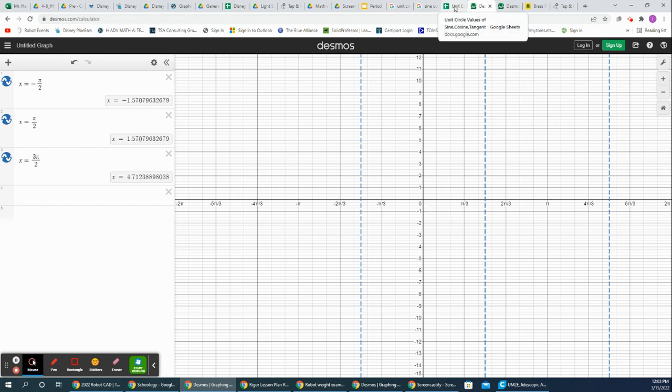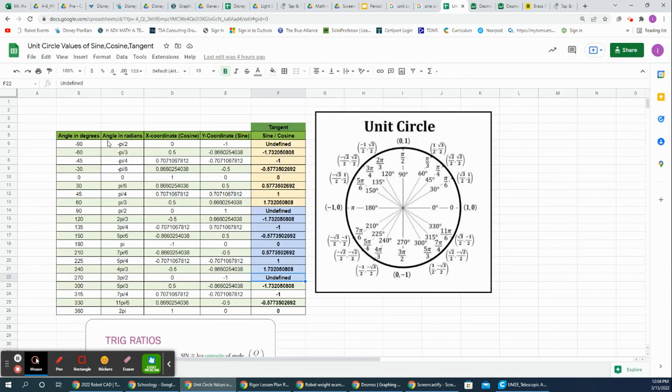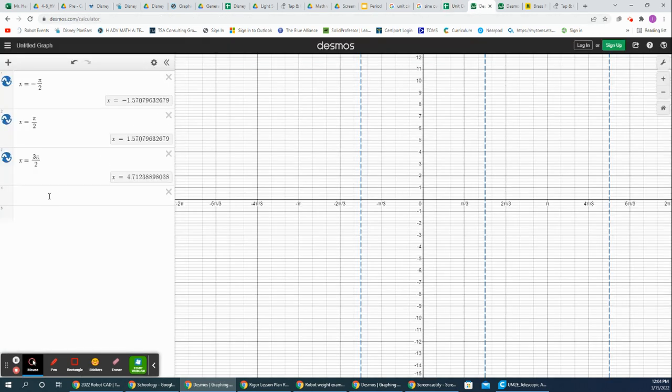Okay. The next thing, you're going to start plotting the points. So our first point is negative pi over 3, comma, and then you're going to type in this value here. So this is going to be a point: negative pi over 3, and then comma, and then let's type in that whole decimal value.